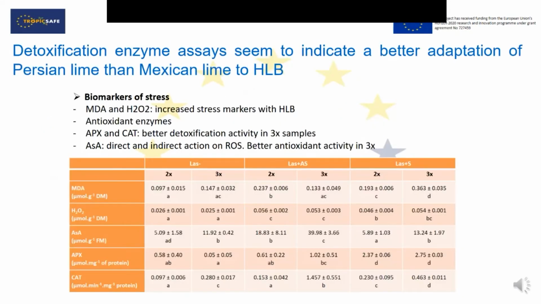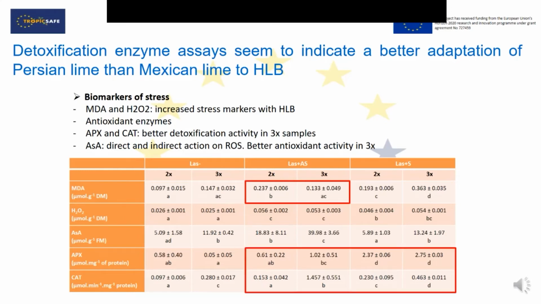So we continued our investigation by doing experiments regarding detoxification processes, and we used stress biomarkers like MDA and H2O2. For example, for MDA, you can see that it is much stronger in twigs. This fits with a greater reaction of the twigs, which are more affected by stress.